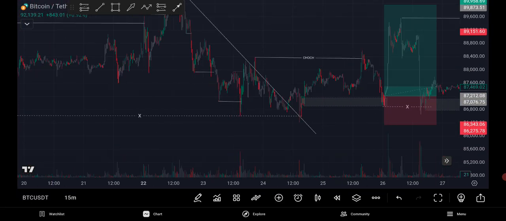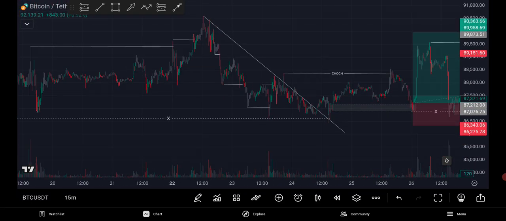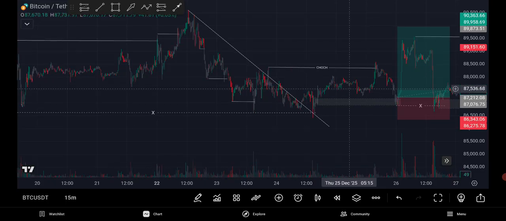So what I did was to draw this trend line here and wait for price to break.